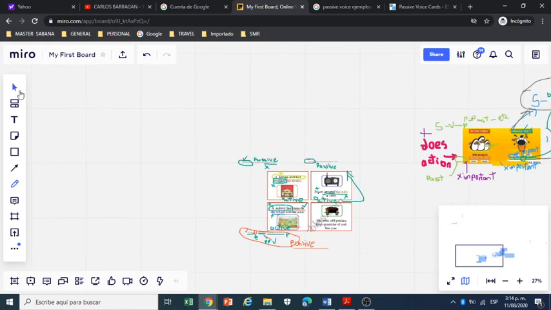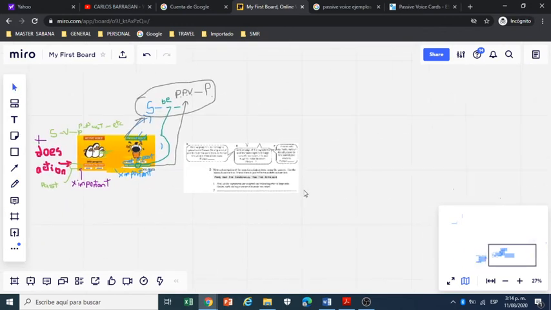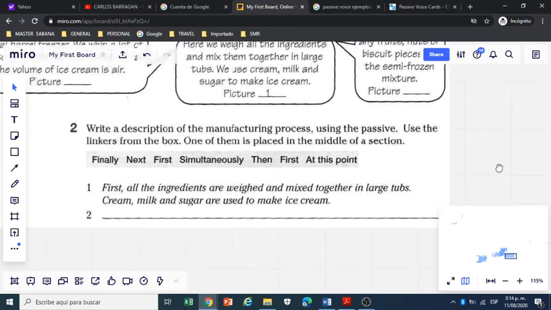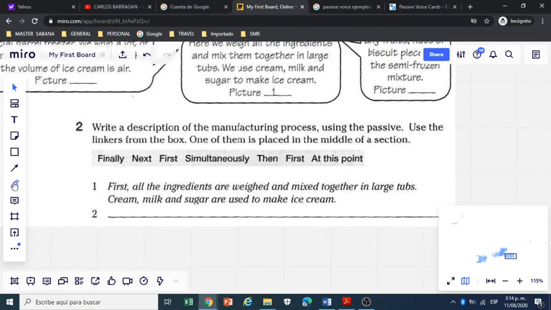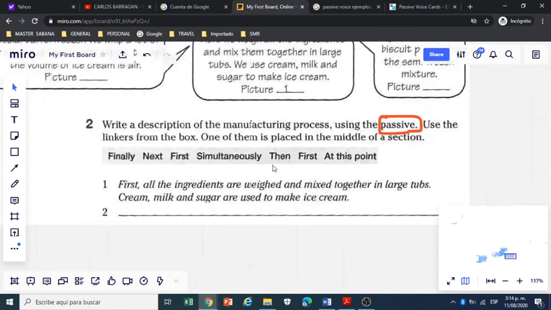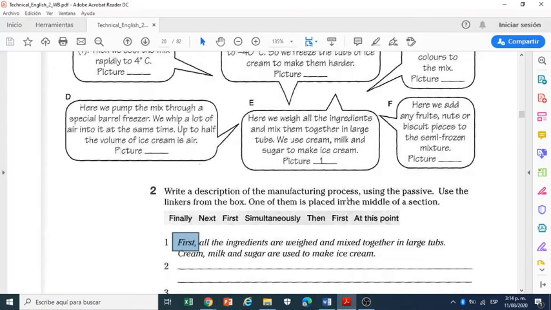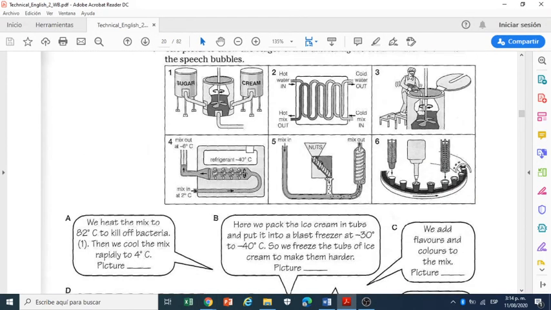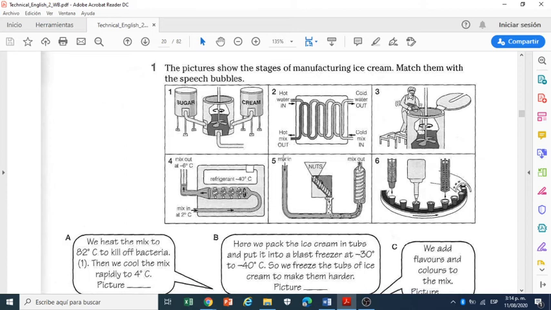In our book, in exercise number 2, we are going to use the passive voice to describe the process. Which process? The process of creating, designing or producing the ice cream. So this process can be explained in passive voice.